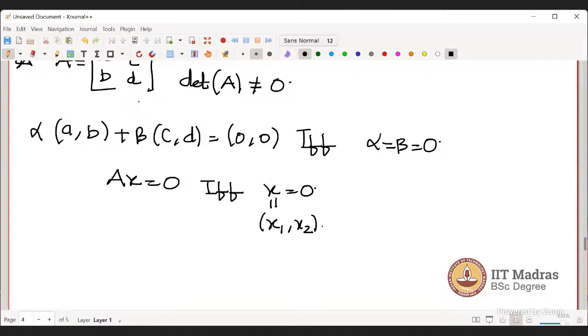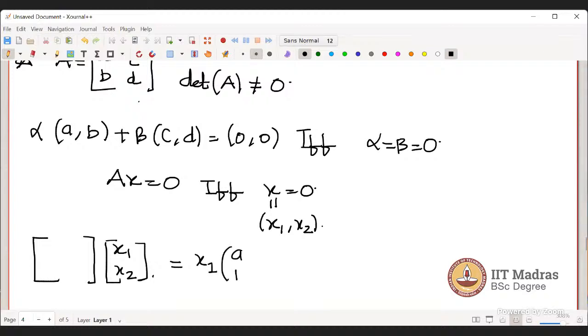So if I multiply this matrix with X1 and X2, then basically what I will get is X1 times (A, B) plus X2 times (C, D), right?